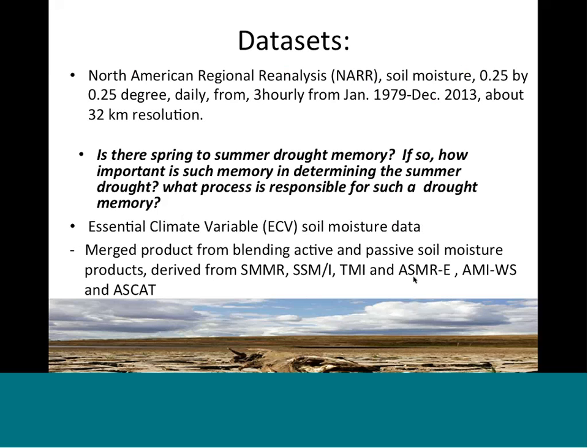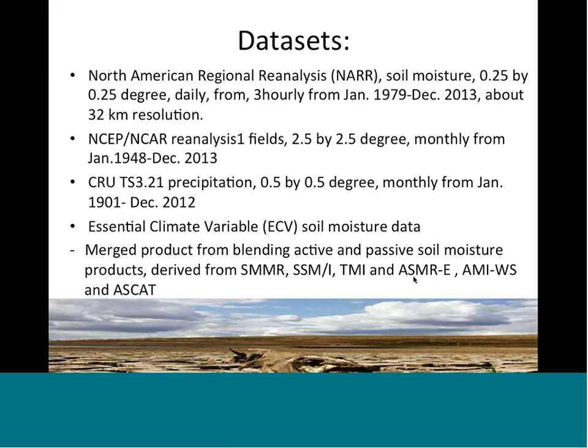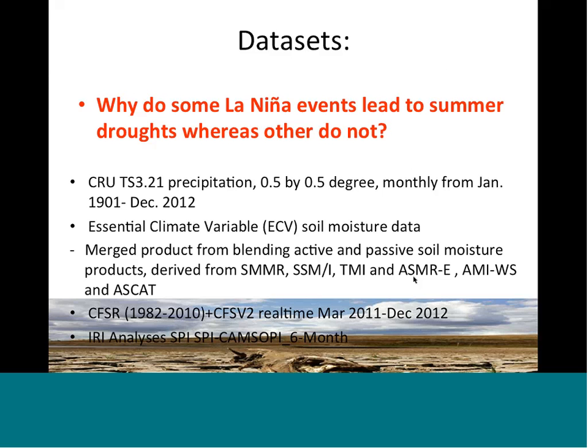The data we use are mainly NCEP and NCAR reanalysis, CRU precipitation, and a merged soil moisture product, and these are mainly used for the mechanism diagnostic study. Then we use the CFSR and CFSv2 for training the statistical model for the summer drought early warning.